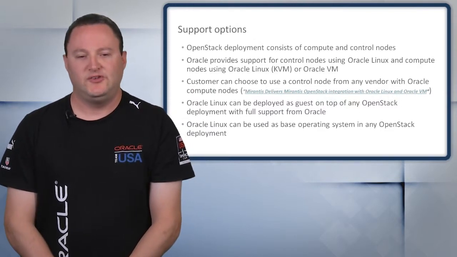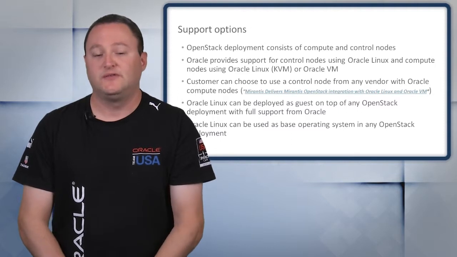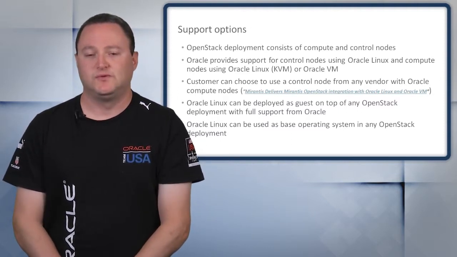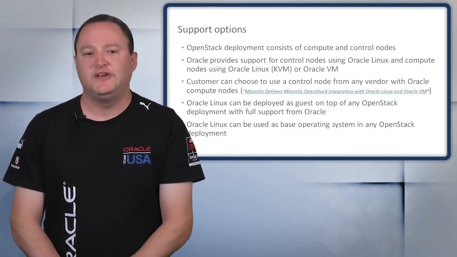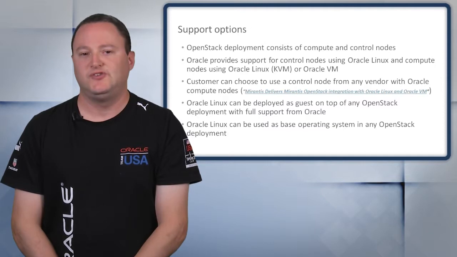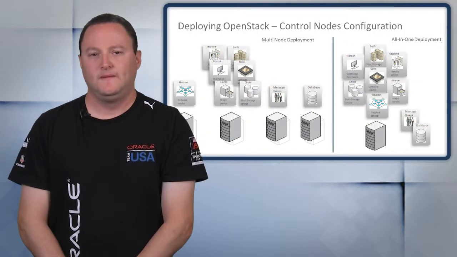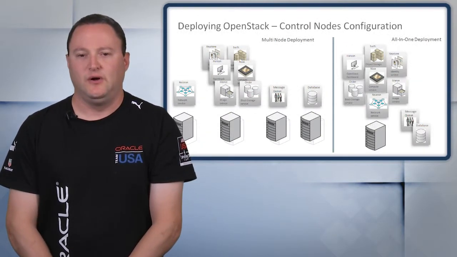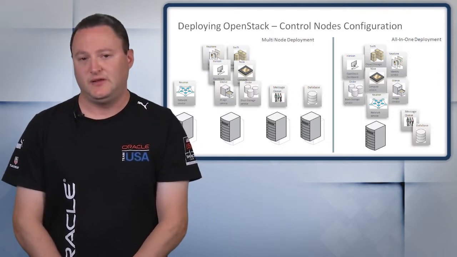So as we mentioned earlier, there are several ways to deploy OpenStack. There are several options for compute, and there are several options of integration, either with other distributions or with third parties. The most common ways to deploy OpenStack are either all-in-one. All-in-one is an option which is very useful when testing OpenStack.